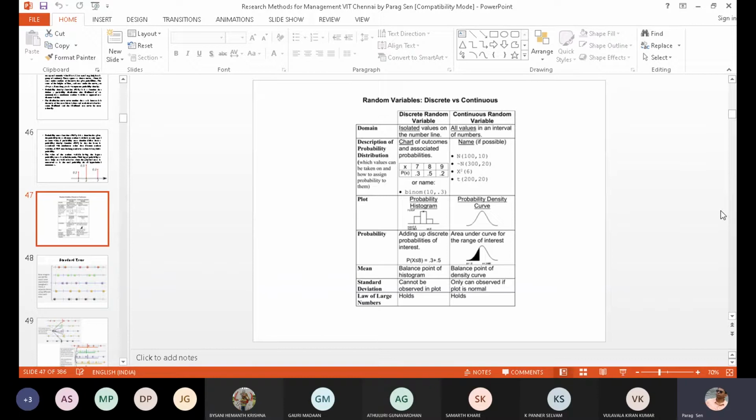If this line represents the value of 45, you will count all the previous values as well. Why? Because it may be completed by 44 days or 43 days. Those probabilities also you need to take into account. So that's why this is also known as cumulative probability. This is how you calculate it.